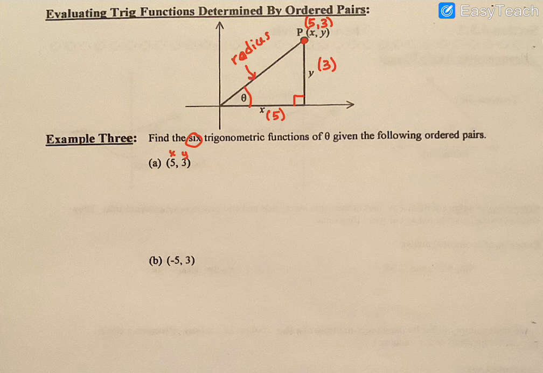To find it, we can use the Pythagorean theorem: x squared plus y squared equals r squared, because my two legs are x and y, and my hypotenuse is the radius. So fill in the values: 5 squared plus 3 squared equals r squared.